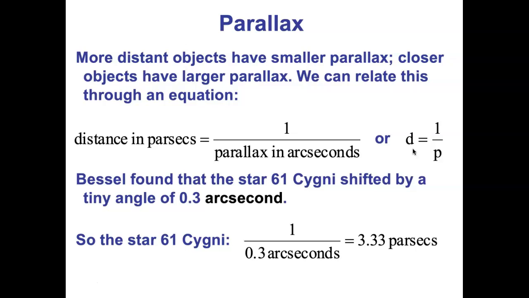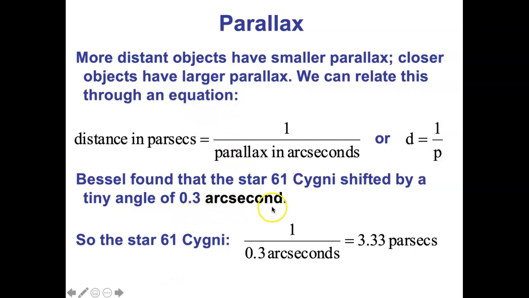If you want the distance to that star in light years, measure the distance in parsecs and then convert it into light years. That's it, easier. But this equation works because P is always in arcseconds and D is always in parsecs. The first star that Friedrich Bessel was able to measure the distance to was 61 Cygni.